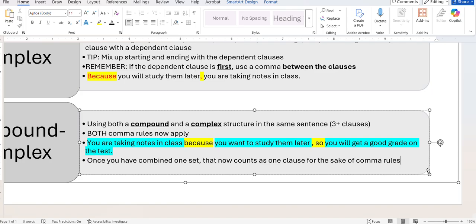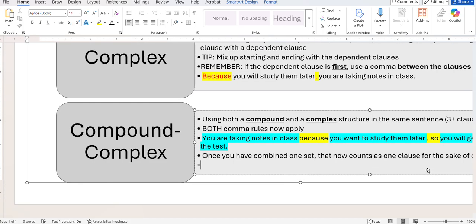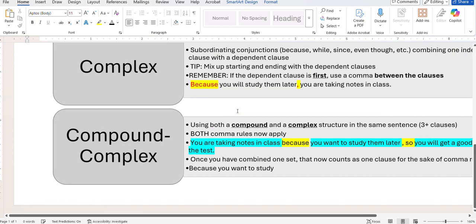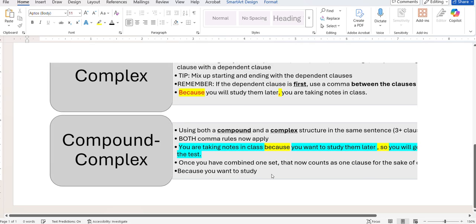If I said, let's see. Okay, because you want to, I'm going to type it, that way I don't have to worry about it messing up, and then I can put it back on the screen.